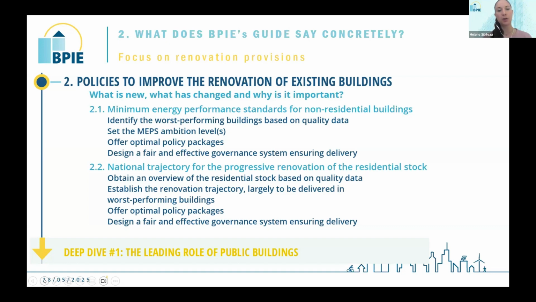And here what we've done is outlining a roadmap, basically step-by-step approach, how member states can design those policies, starting with the identification of the buildings that are under the scope based on quality data, how to set the right ambition levels, establishing the trajectories, deciding basically how to design optimal policy packages, obligations, financial support, and information.